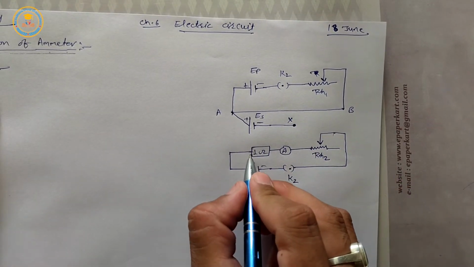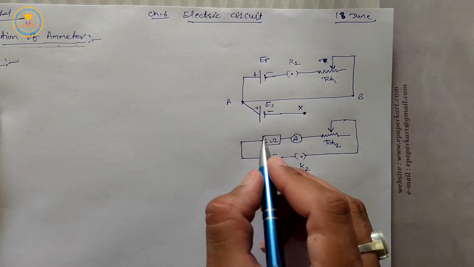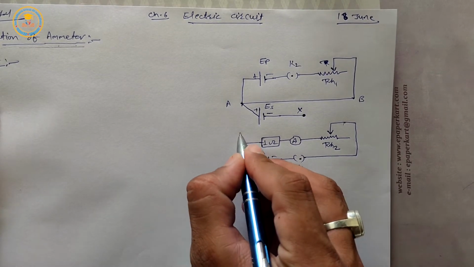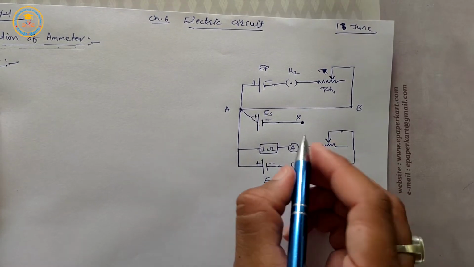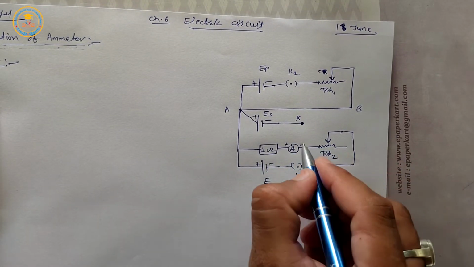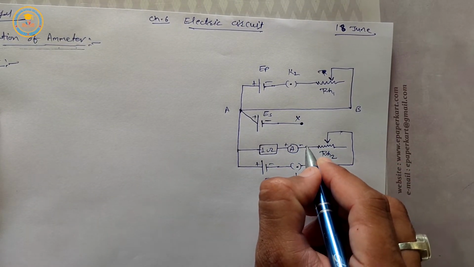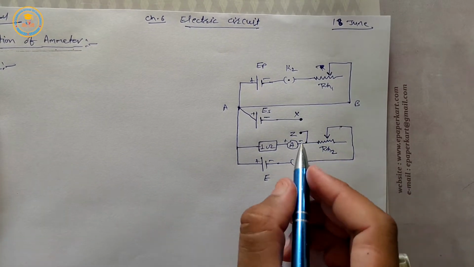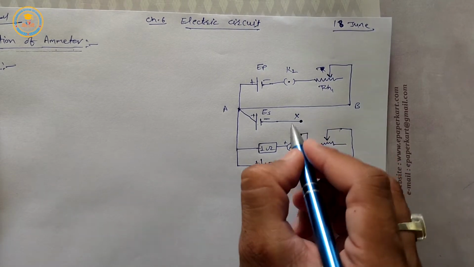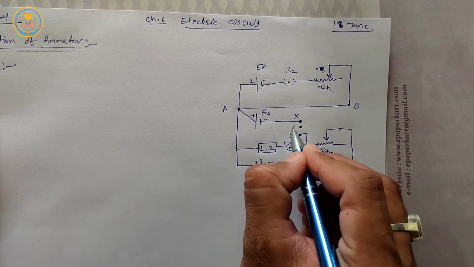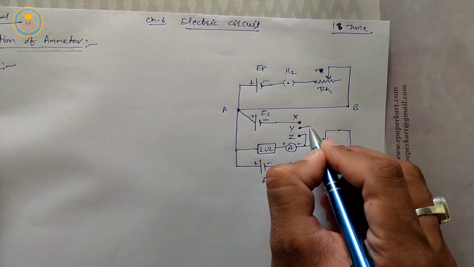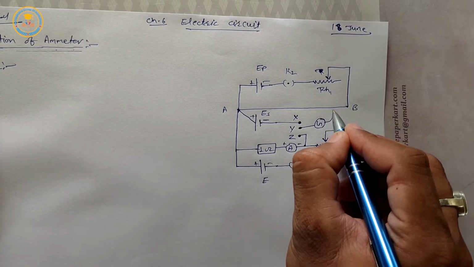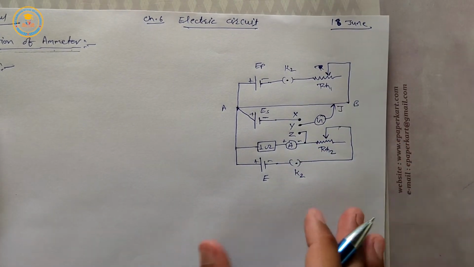and the higher potential end of this standard resistance is connected to point A, and the lower potential end of this ammeter is connected to the Z terminal of this two-way key, and this is the Y terminal of the two-way key, and this Y terminal is connected to a galvanometer, and another end of this galvanometer is connected to a jockey.